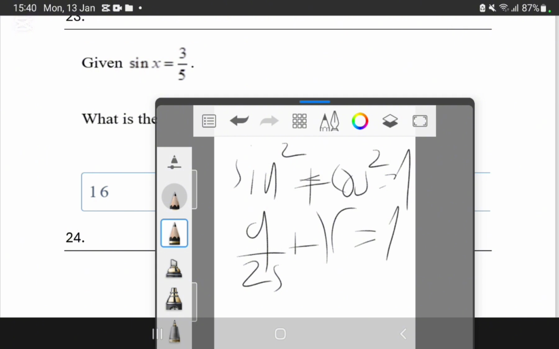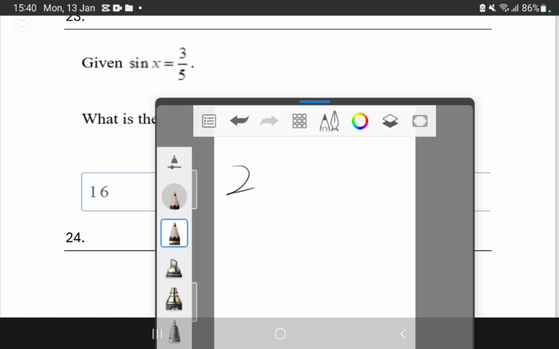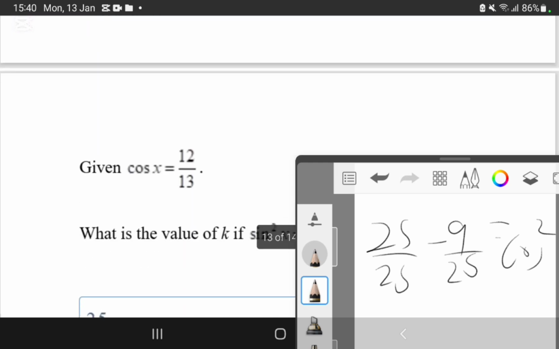Then if we change sides, we get 25 over 25 minus 9 over 25 is equal to cosine squared. And like that we get that k is 16.